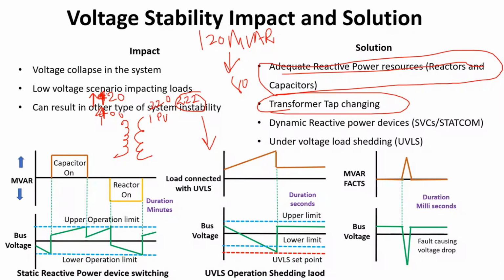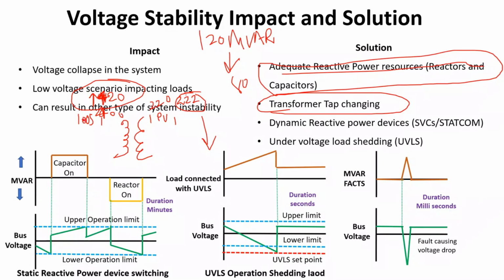While at the transmission level, what I'm observing is that due to the lightly loaded scenario of other transmission lines, the voltage is on the higher side on the 400 kV side. So in terms of per unit, this side is nearly 1 per unit, while here it is very high, it is 1.05, right?